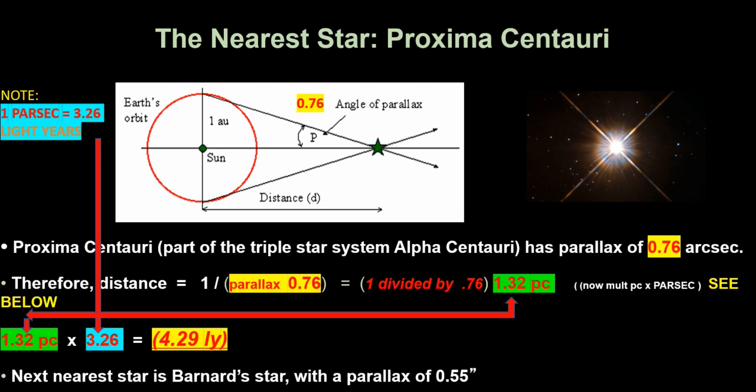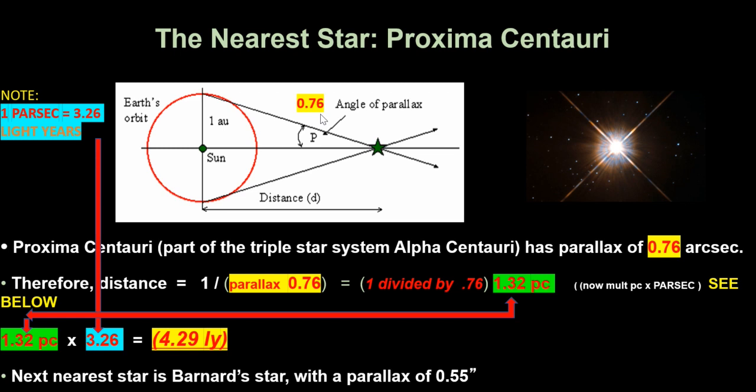All right, so what this graph here is simply explaining is that there is given information. For example, the angle of parallax. Let me find my cursor. The angle of parallax right here is given. It's 0.76.